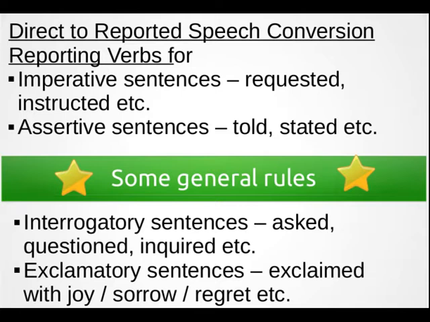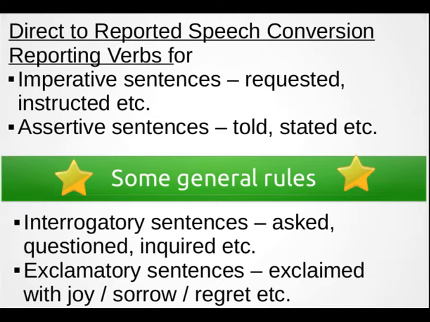Factual sentences. Now, for interrogative sentences, the reporting verbs to be used are asked, questioned, inquired, etc. Interrogative sentences, I hope you remember, are questions. It can be yes or no questions or WH questions.